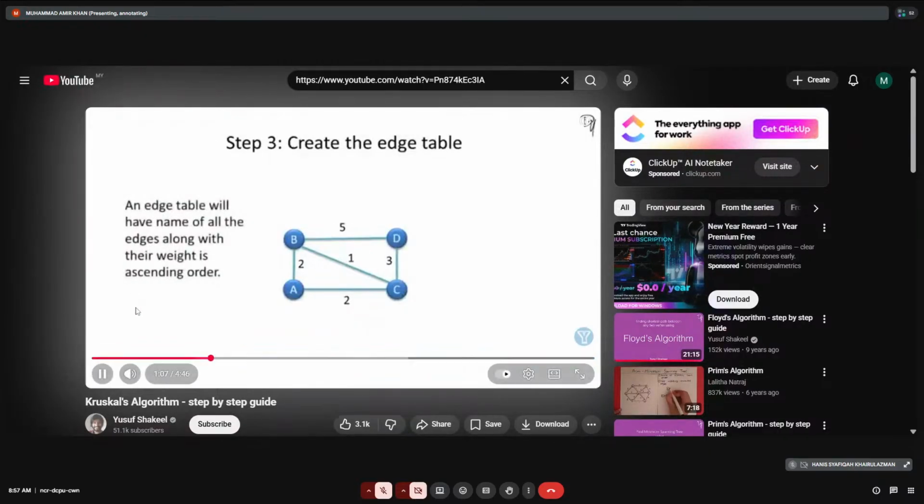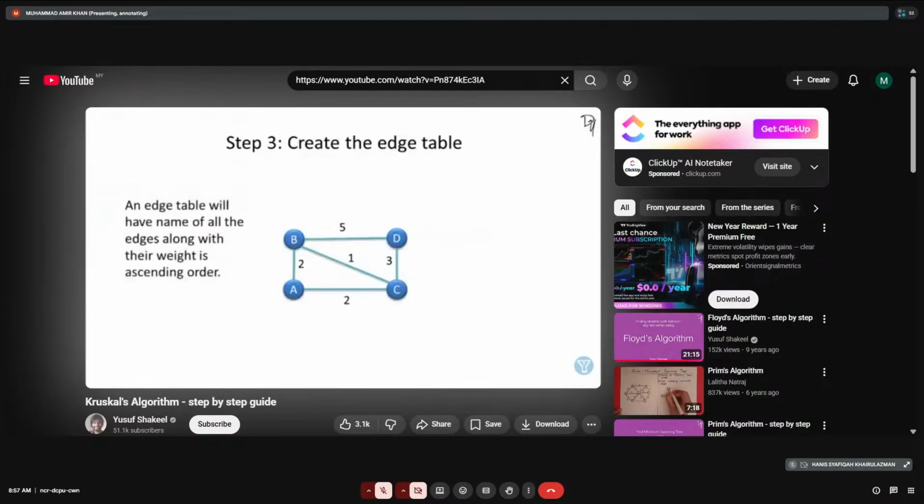Step 3 is to create the edge table. What is an edge table? Very simple. The edge table will have the names of all the edges along with their weights, and it should be in ascending order.